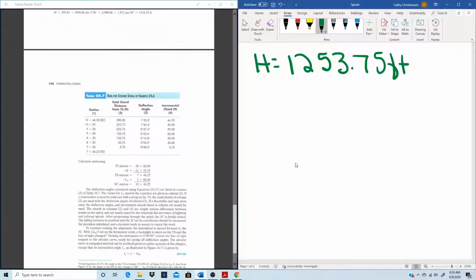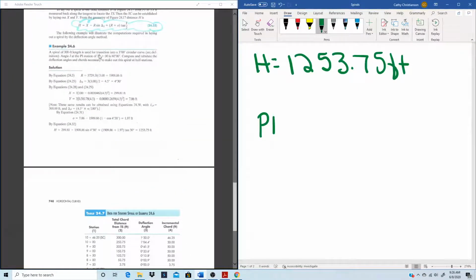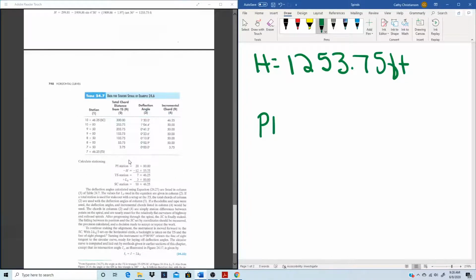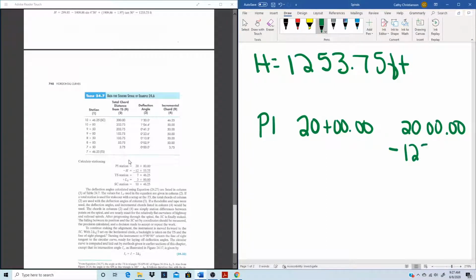If our PI is 20 plus 00, I'm going to keep all the zeros. Like I said, I like to come over here and just take the plus out and say 20 minus 1253.75.